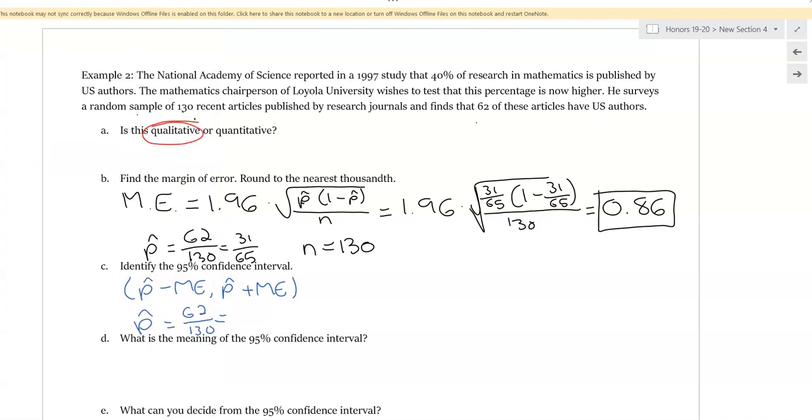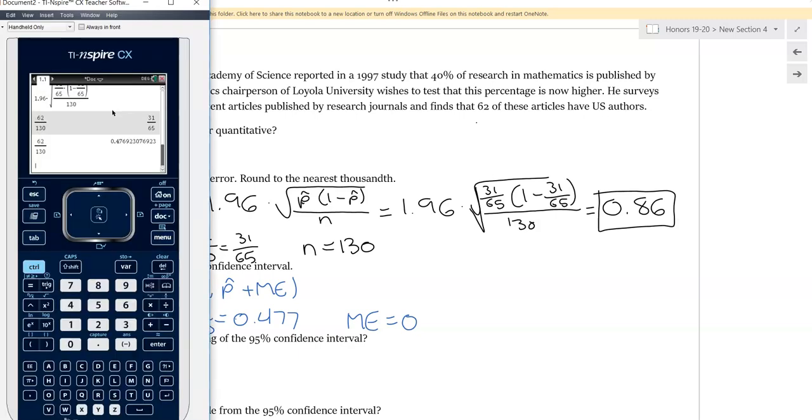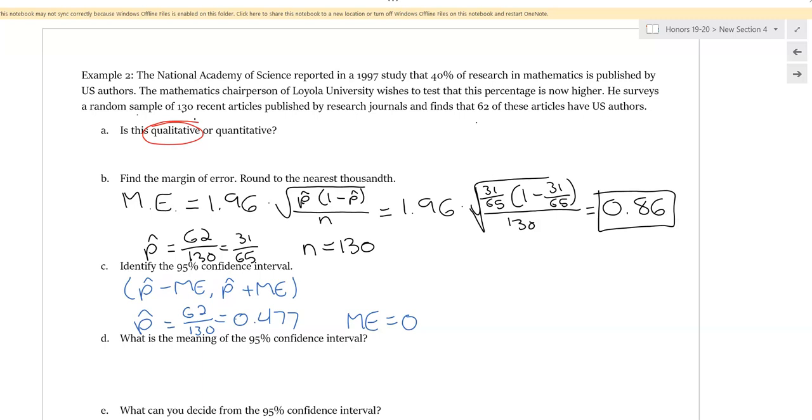So 0.477. And our margin of error we just found over here is 0.86. That seems really off. Did I miss a 0 somewhere? 0.086. Don't forget zeros. Sorry about that. 0.086. Okay.